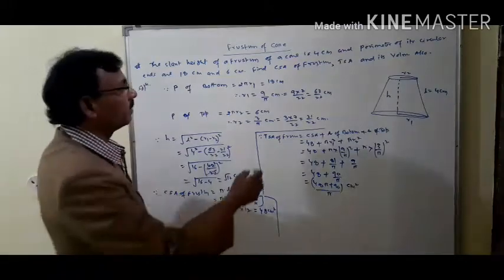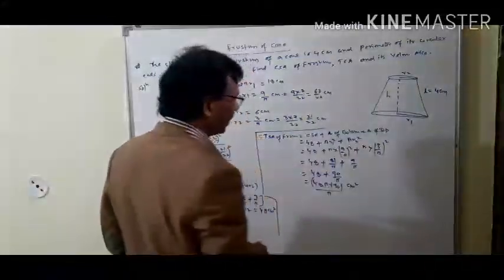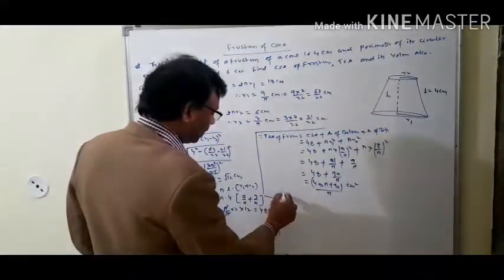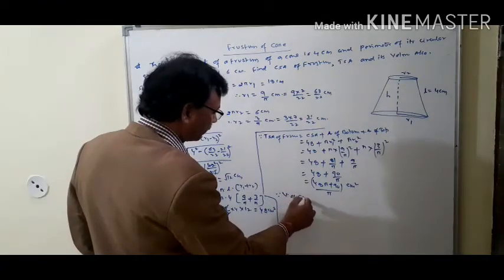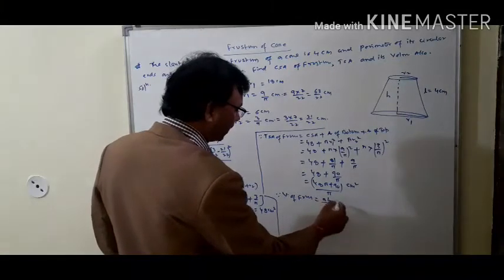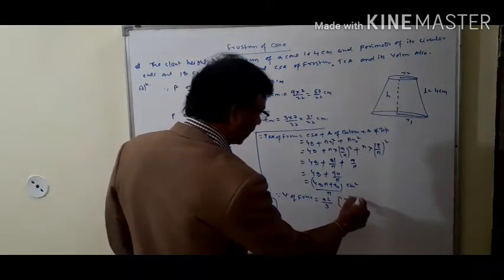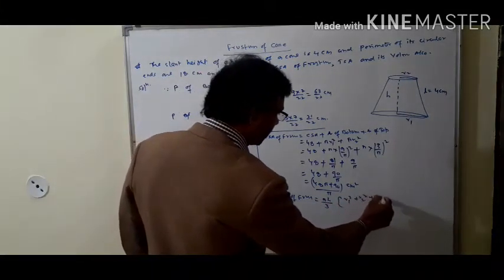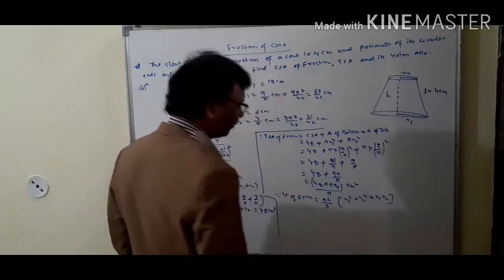And now we will find the volume of the frustum. Since volume of frustum is equal to pi h by 3 into (R1 square plus R2 square plus R1 into R2).